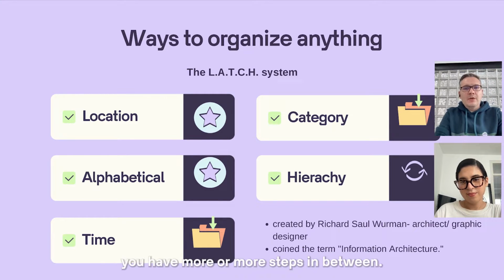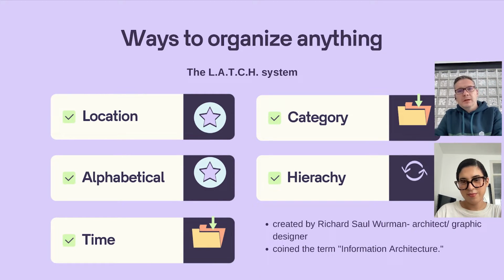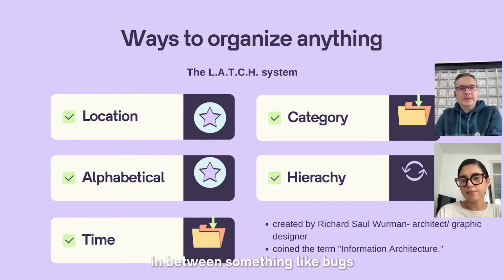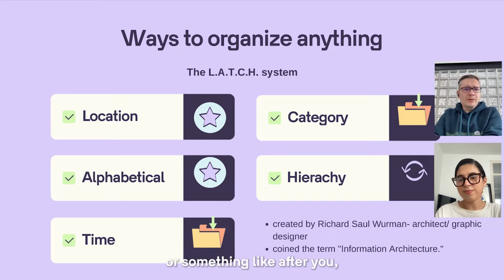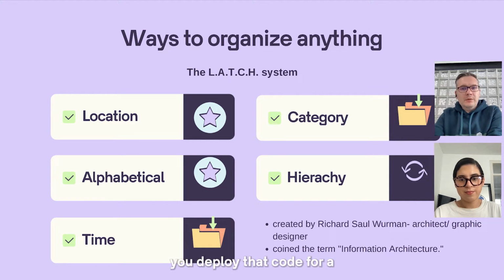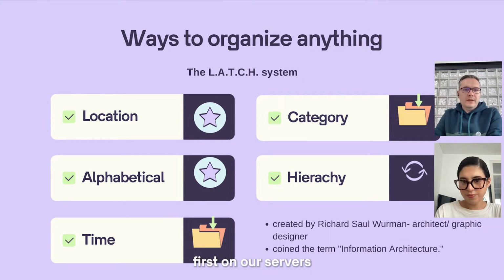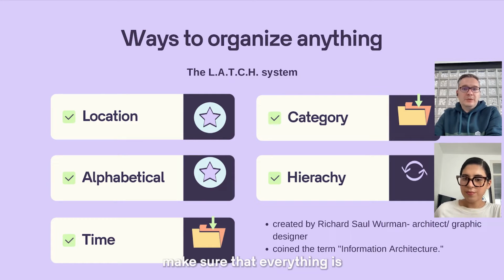This can be done in 4 or 5 steps, or for example, in a development situation, you have more steps in between. So you have, let's say, the big backlog, and you have what you're focusing on now in a sprint for 2 weeks or 1 month, and you have different kinds of steps in between, something like bugs, or something like after you deploy that code for that change in your product, you need to check it first on your servers, on your machine, to make sure that everything is okay.